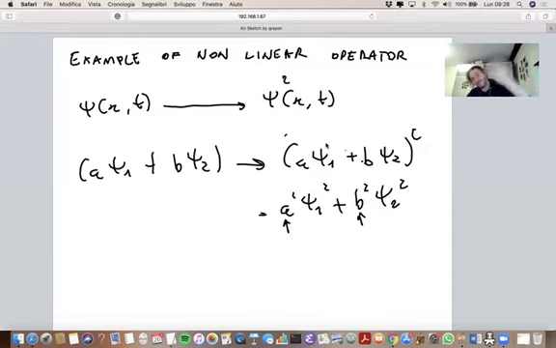So it's not already linear because the coefficients in front do not just add up in front. But in addition to that, you also get twice ab psi 1 psi 2. And that's, of course, nowhere close to any linear combination. So that's an example of a nonlinear operator.